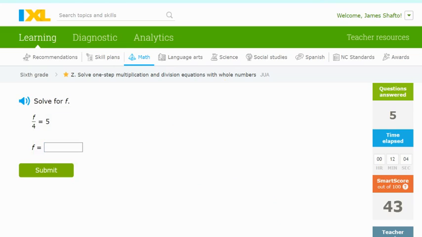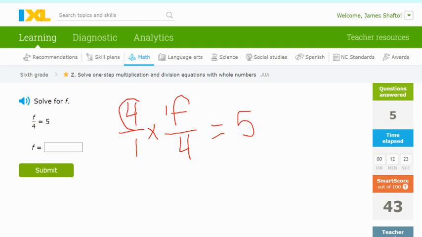Next question is a division problem. f over 4 is equal to 5. Since it's divided by 4, we want to multiply times the reciprocal, 4 over 1, because there's an invisible 1 here. I have a 4 in the numerator and a 4 in the denominator, so these cancel to give me 1f left over.